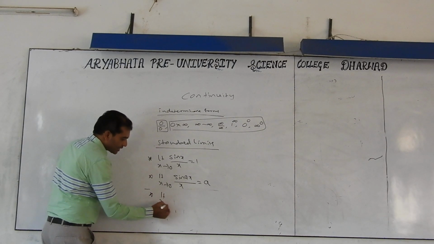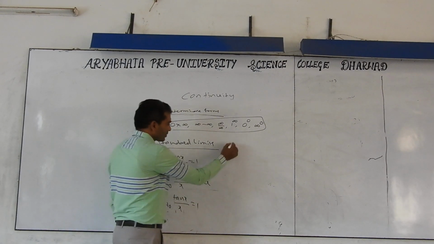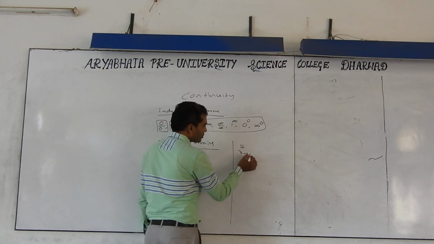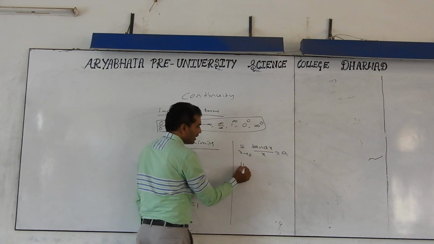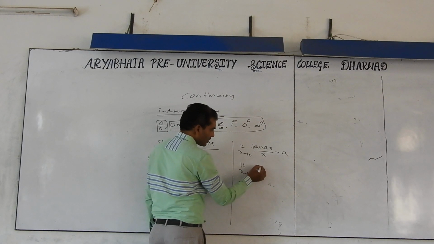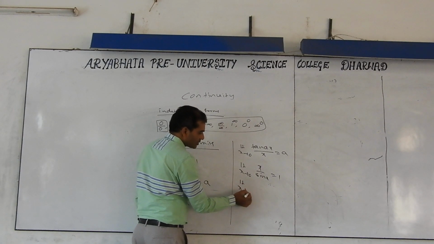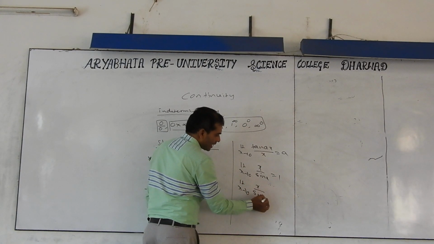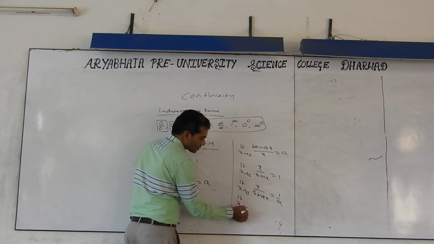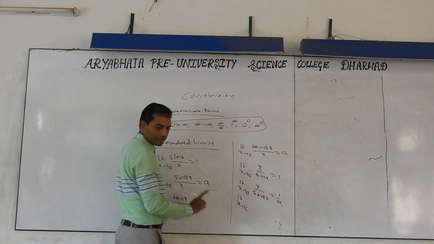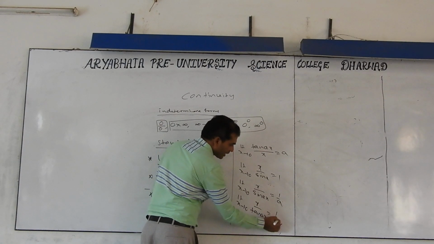Next, limit x tends to 0 tan x by x equal to 1. Limit x tends to 0 tan ax by x equal to a. Limit x tends to 0 x by sin x is also 1. Limit x tends to 0 x by sin ax equal to 1 by a. The same thing you can apply for tan also: limit x tends to 0 x by tan ax equal to 1 by a.